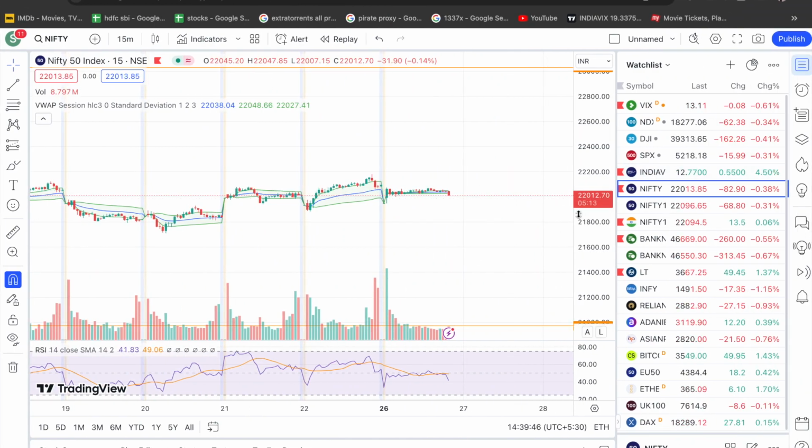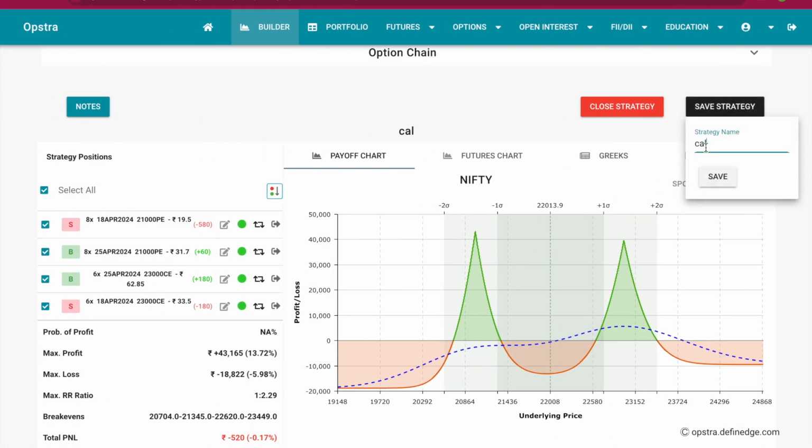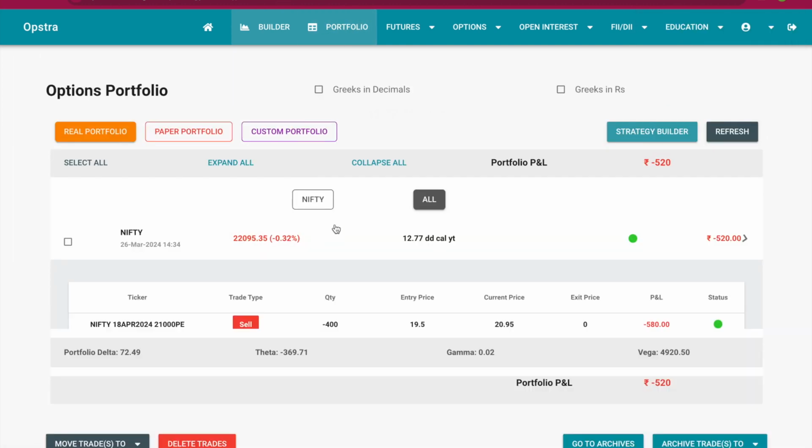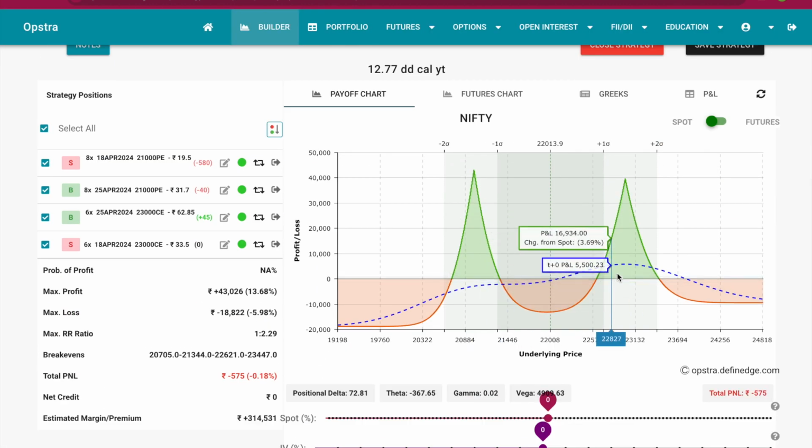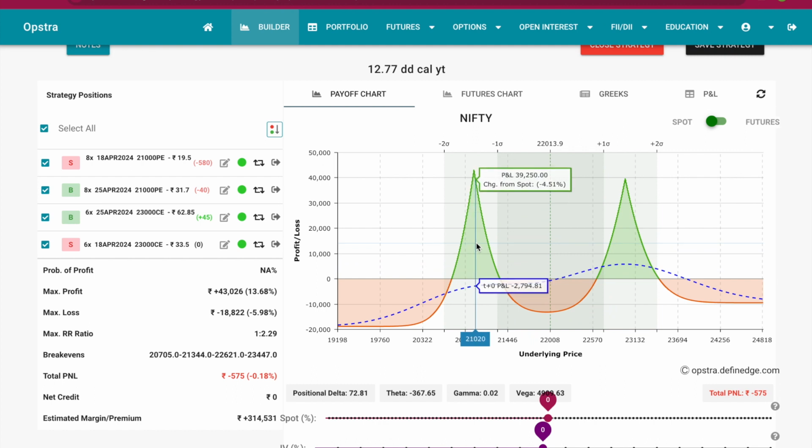And the India VIX is 12.77, so save the strategy. 12.77, and this is double diagonal calendar for strategy YouTube PNL YouTube. Okay, and now let's go to portfolio and check it. Yes, this is the double diagonal calendar, and let's assume the 50% of the peak profit.